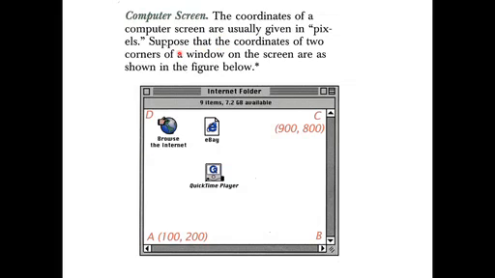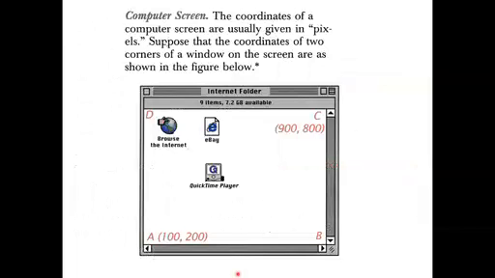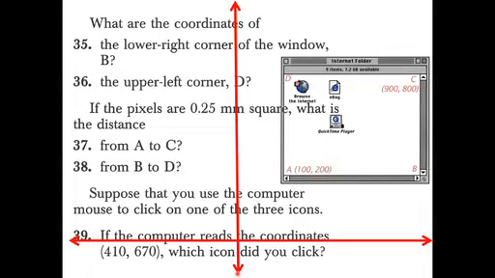Suppose the coordinates of two corners of a window on the screen are shown below. So this is point A down here is 100, 200. Remember, this is the X, and that's the Y. And up here we have 900 and 800. So I think it's important to think about this.